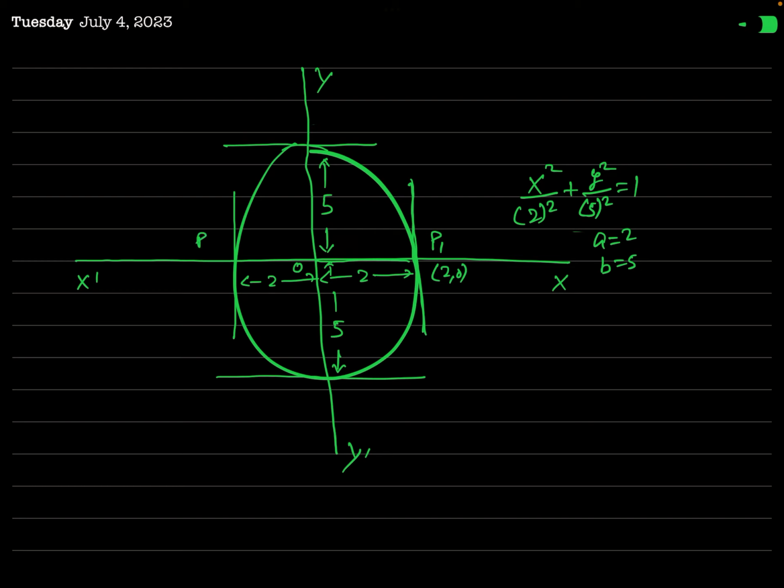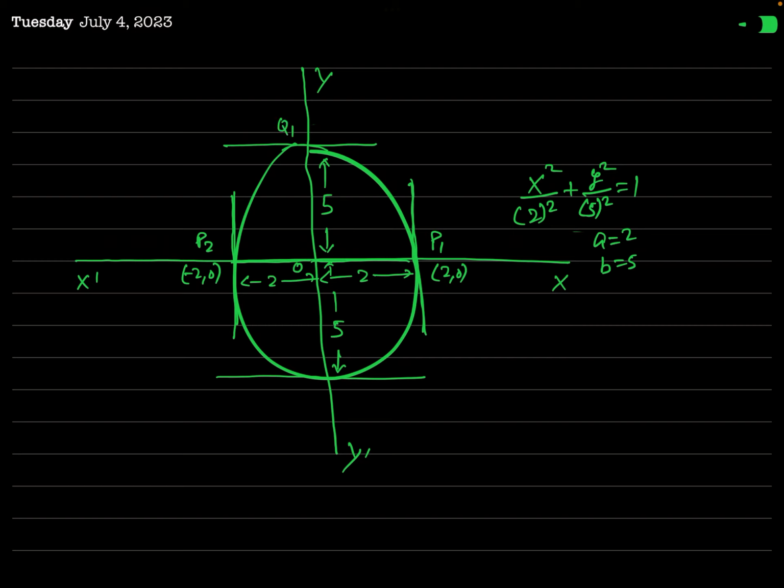At this point P2, again if we draw a tangent, it will be parallel to the y-axis. The coordinates of this point are minus 2 and 0, because OP2 will be 2 and OP1 will also be equal to 2. This is actually a.